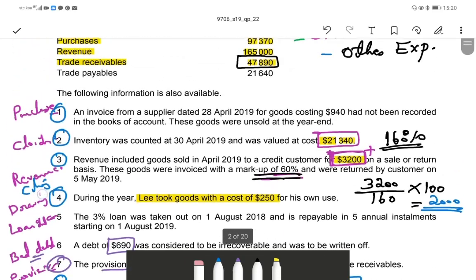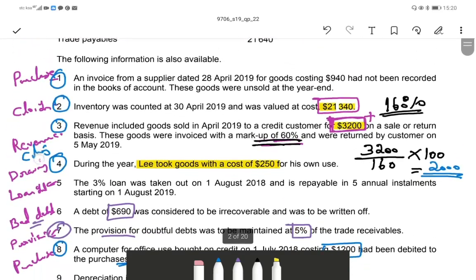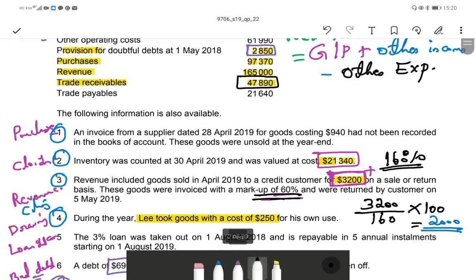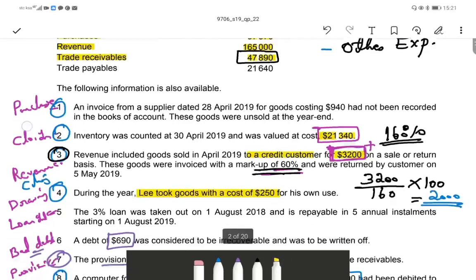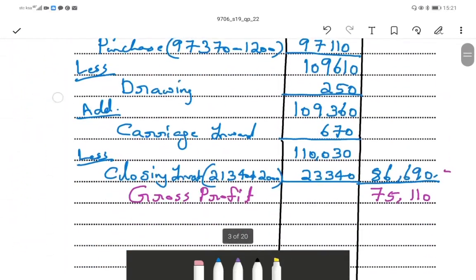Bad debt, and we had one credit customer, adjustment 3. We can see adjustment 3. A credit customer of 3,200. Credit customer of 3,200 we had entered as the sales. So we deducted from the revenue sales and we added with the cost. So this credit customer means trade receivables or debtors. So we have to deduct this amount also from the trade receivables before calculating the provision.